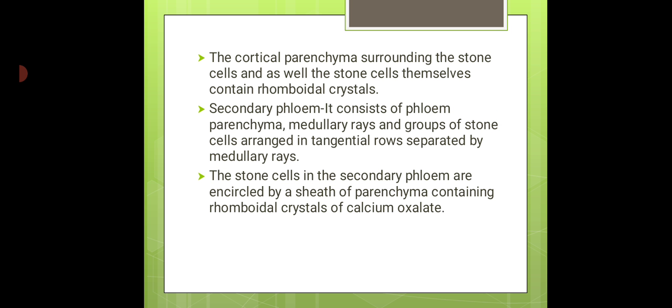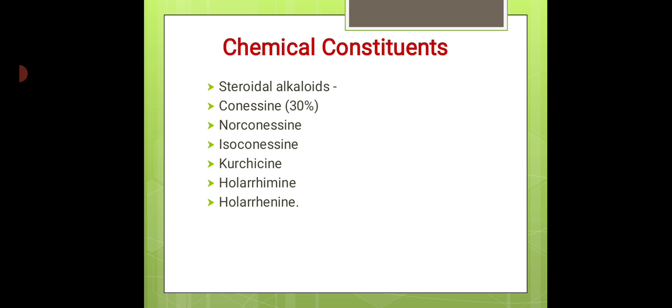Then secondary phloem. It consists of phloem parenchyma, medullary rays and groups of stone cells arranged in tangential rows which are separated by medullary rays. The stone cells in the secondary phloem are encircled by a sheath of parenchyma which contains rhomboidal crystals of calcium oxalate.